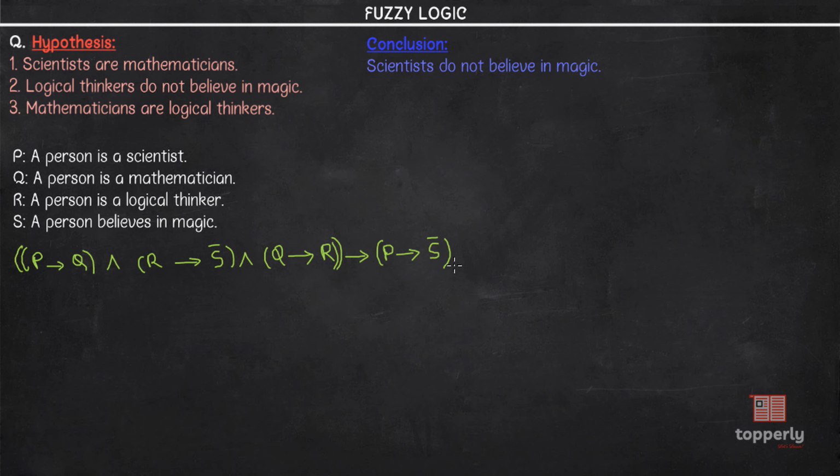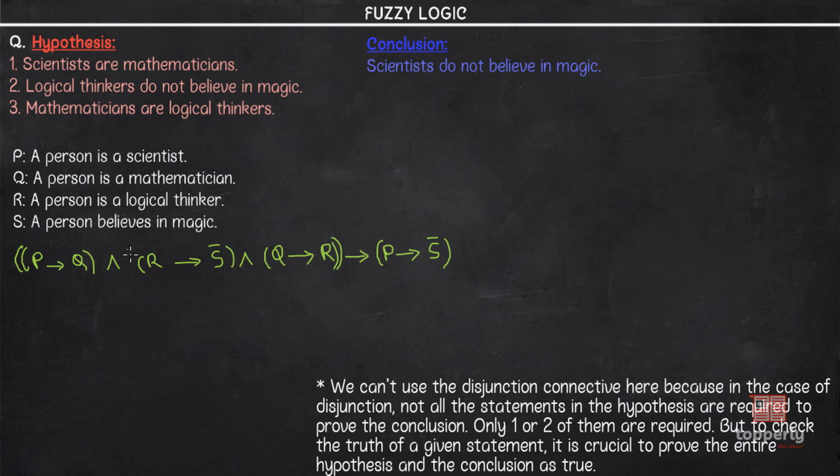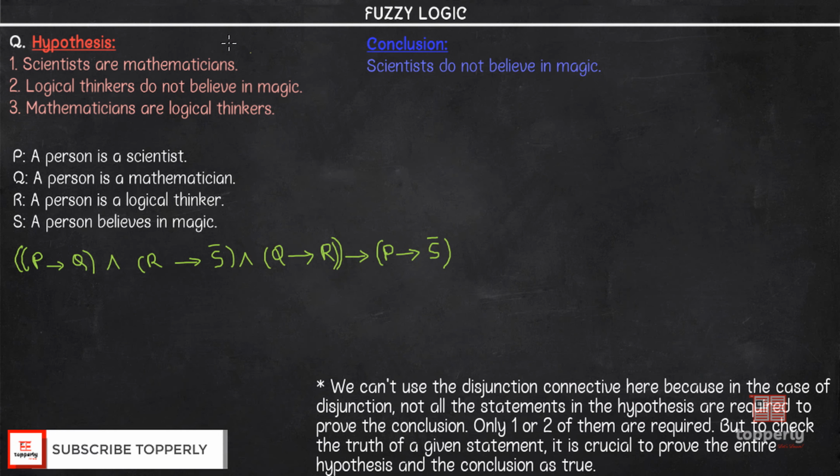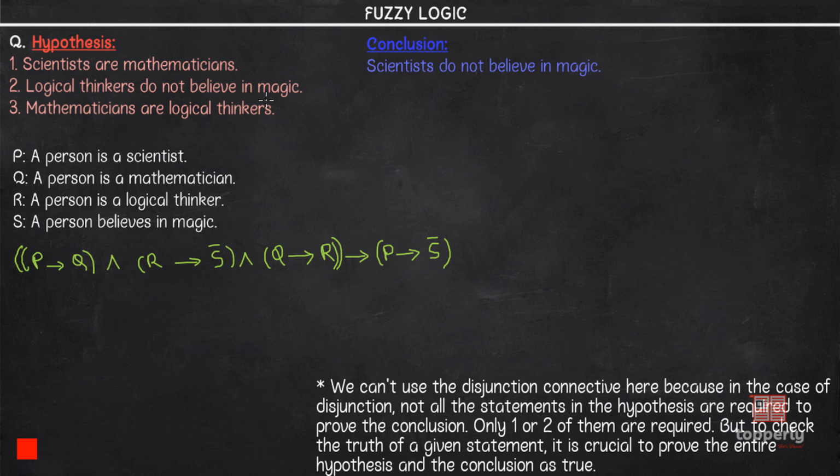Now an important thing to note here is that we can't use the disjunction connective, because in the disjunction or the OR connective, not all of the statements in the hypothesis are required to prove the conclusion. Only one or two of them is required. But to check the truth of a given statement, it is crucial to prove the entire hypothesis and the conclusion as true.